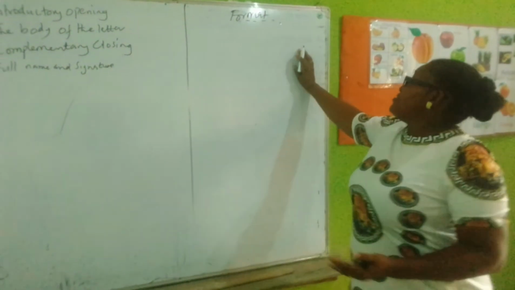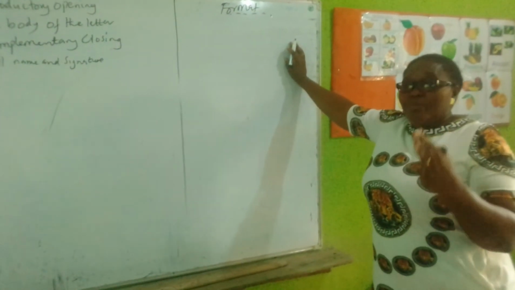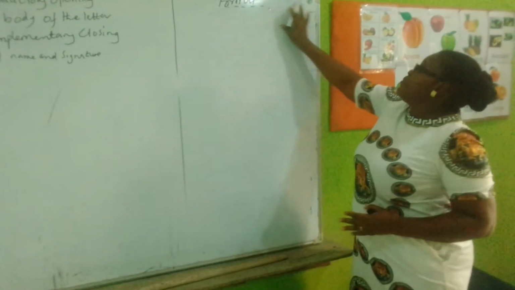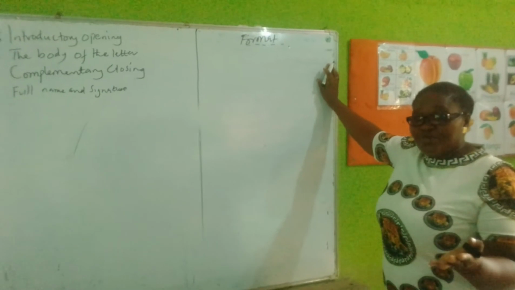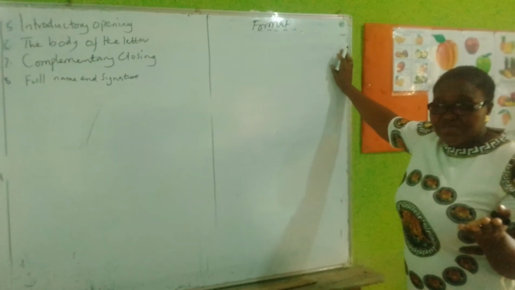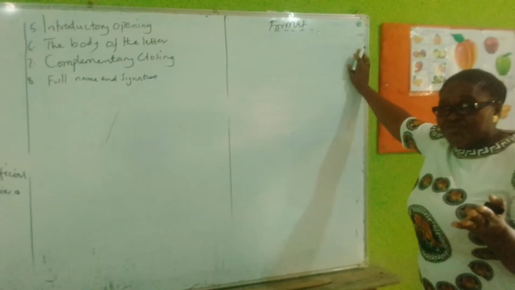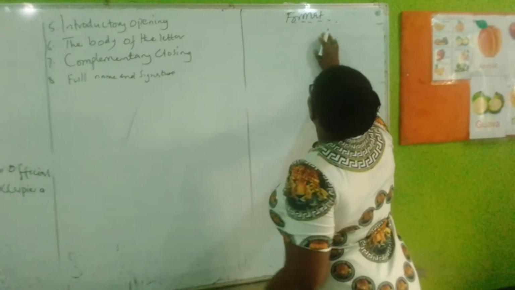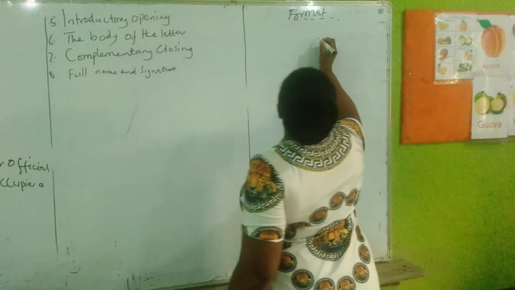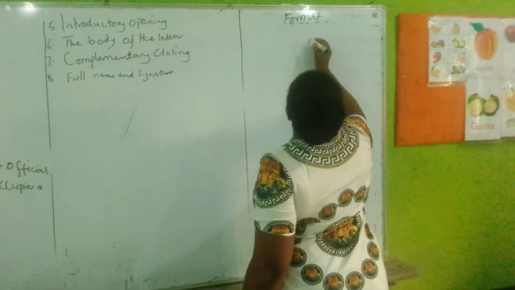So you write the address, and the address should come at the top right corner of the page. If you want to write your house address, you can use your house address. But if you don't want to use your house address, you can use the school address. Let's use our school address.